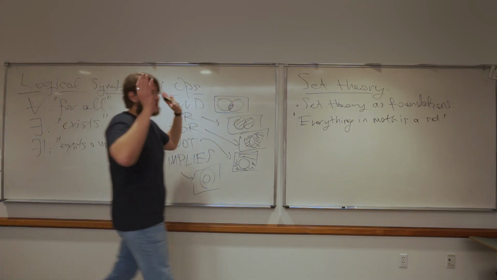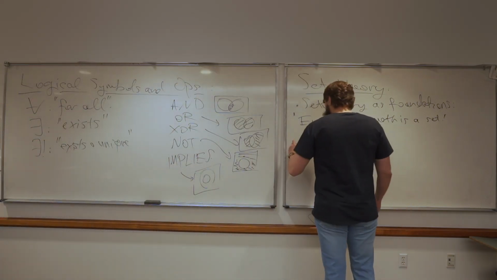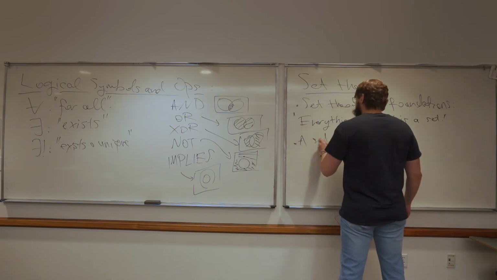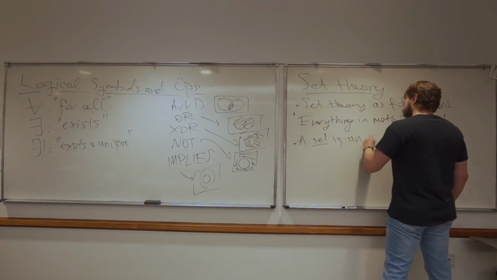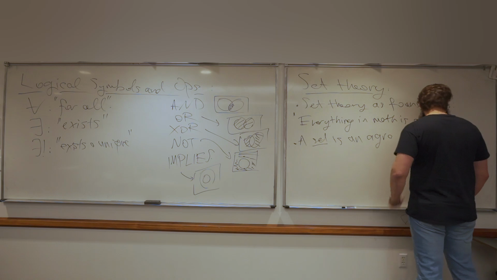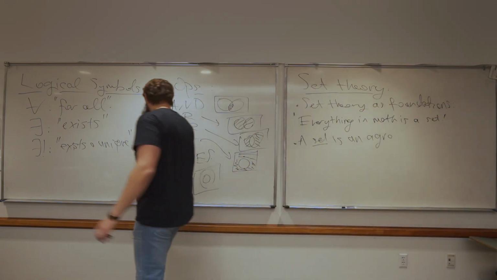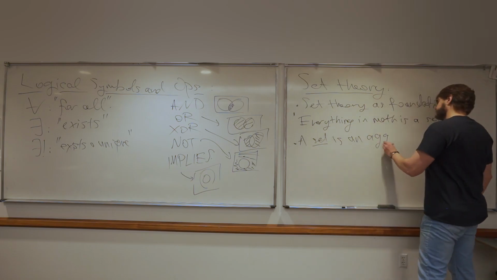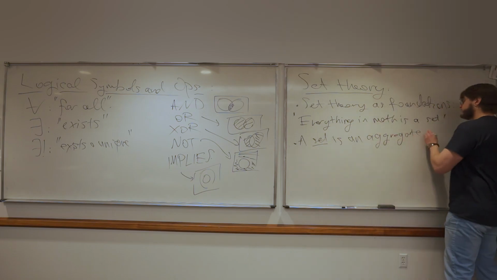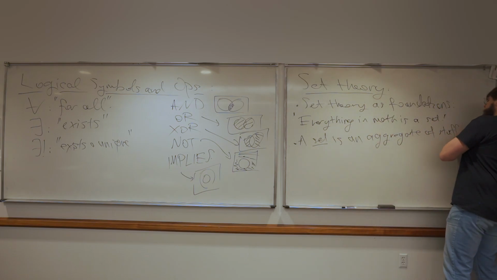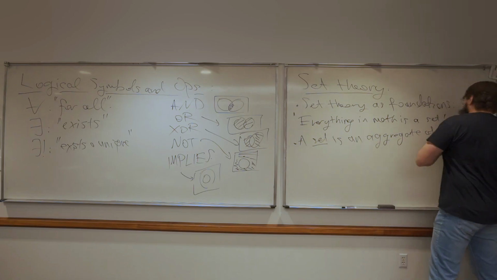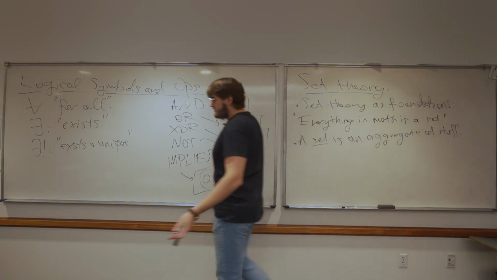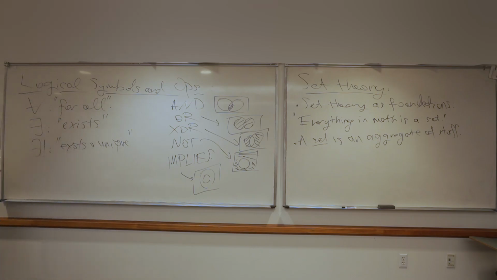A set is just an aggregate of stuff. What is allowed, what is not allowed? Let's not get into the philosophy of this. You're going to see it's pretty much everything that we're going to worry about.